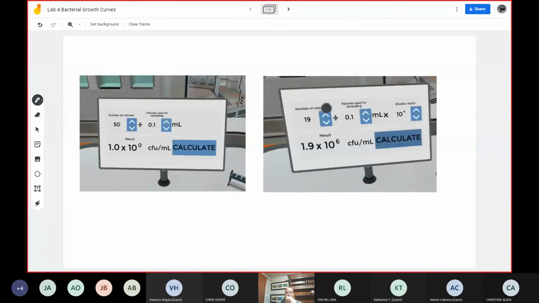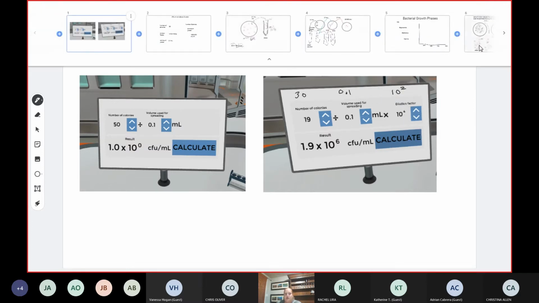Let's go back to our original here. So if we had 30 here, we know that we plated 0.1. And this number over here would be 10 to the 2, because this was our 10 to the 2 dilution.